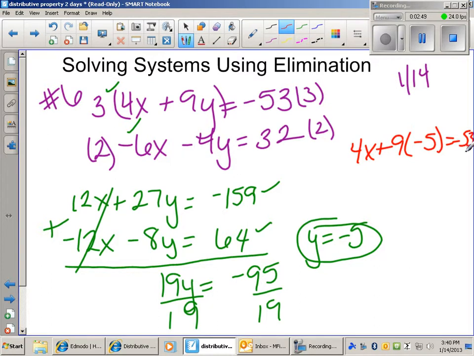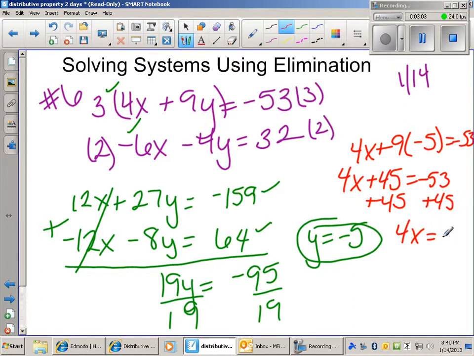So I'll have 4x plus 45 is equal to negative 53. So if I add 45 to both sides, I have 4x is equal to negative 8. So x is equal to negative 2. And I'm going to remember to write my solution as a coordinate point, negative 2 comma negative 5.